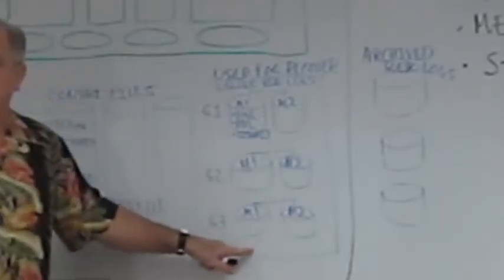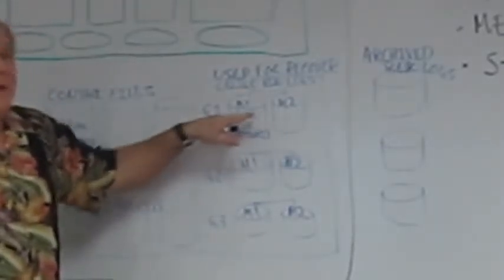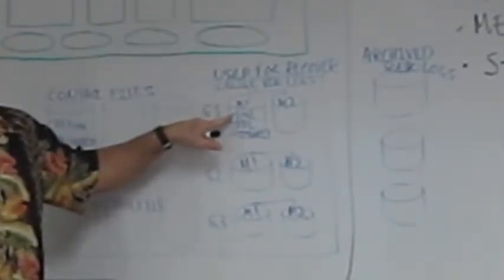We will spend a lot of time in the future talking about the difference between archive log mode and no archive log mode, how to place your database in archive log mode, or how to go backwards. By default, when you create a new database, you create it in no archive log mode, which means when group 3 fills, you just come back and automatically overwrite what's in this first group.